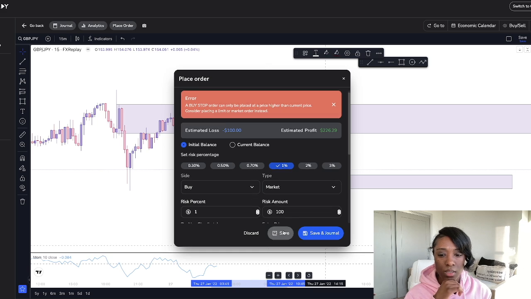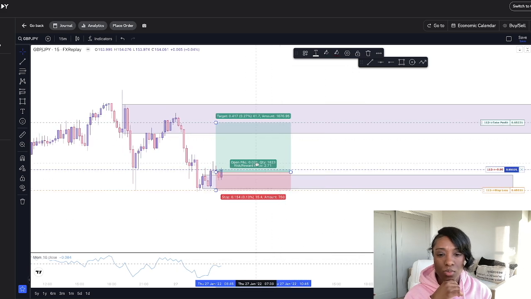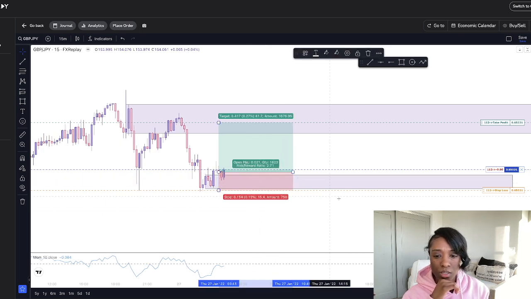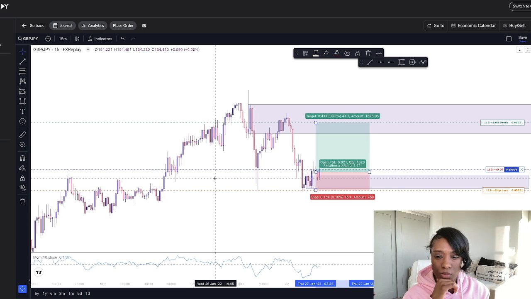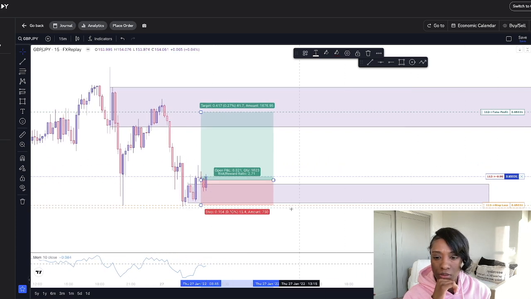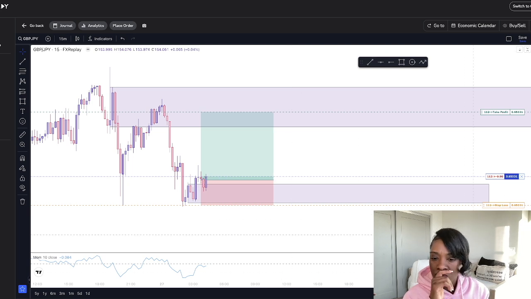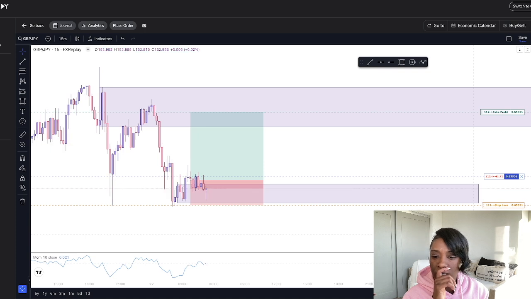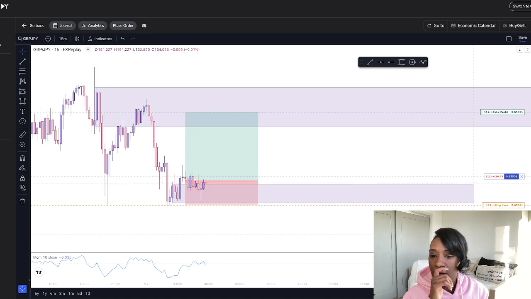Market, save. So it's almost like 1 to 2.7. That's a counter trend trade. If it works, it works. If it doesn't, it doesn't. And I'm okay with that.